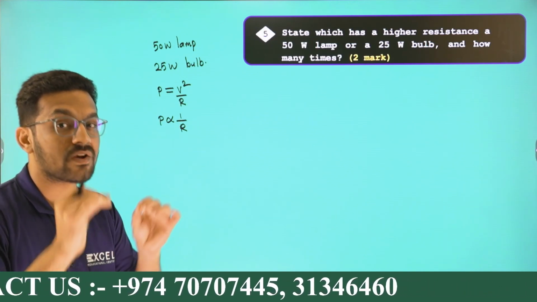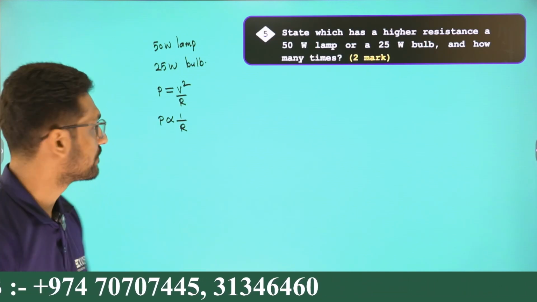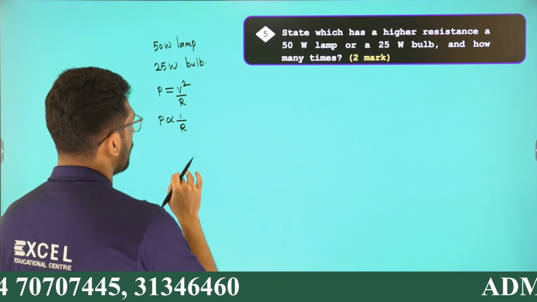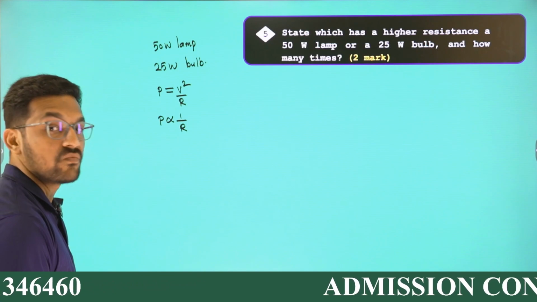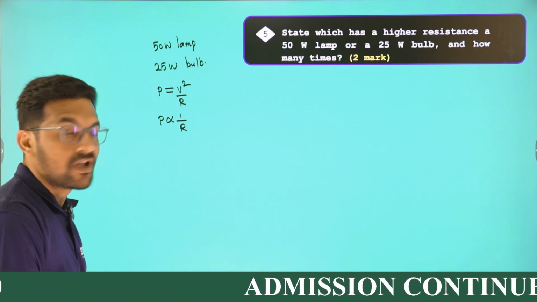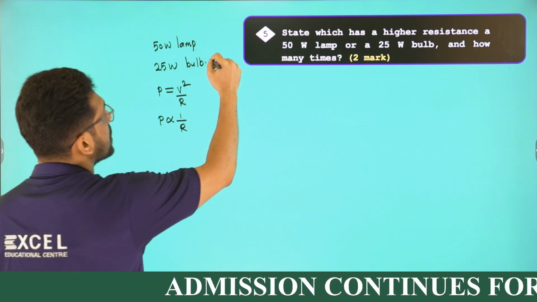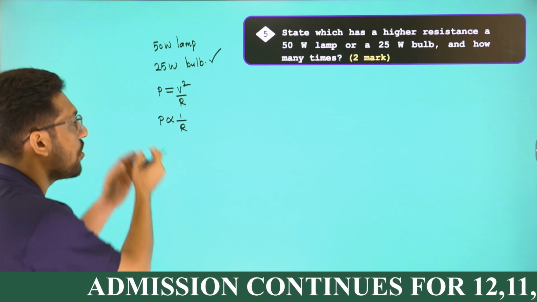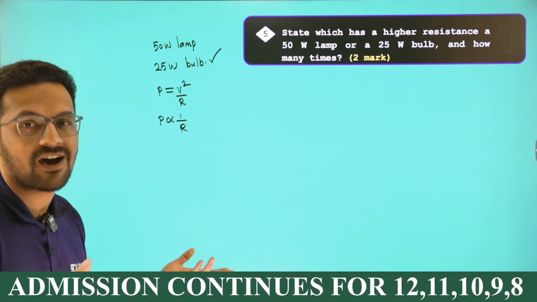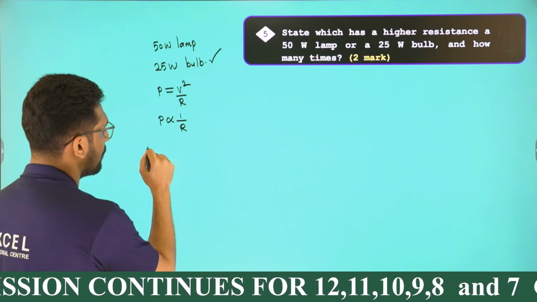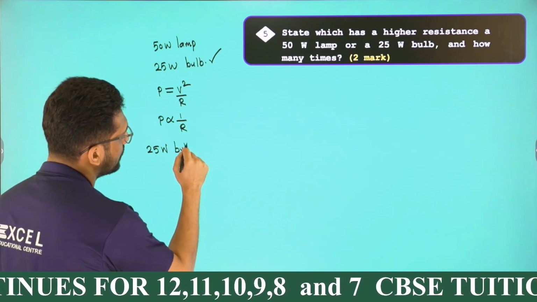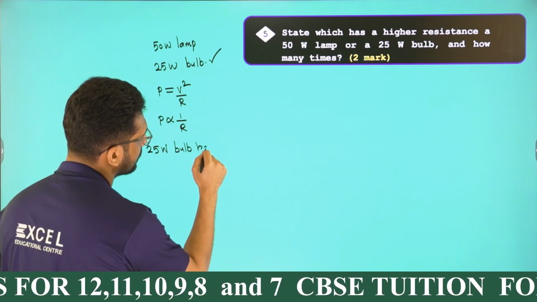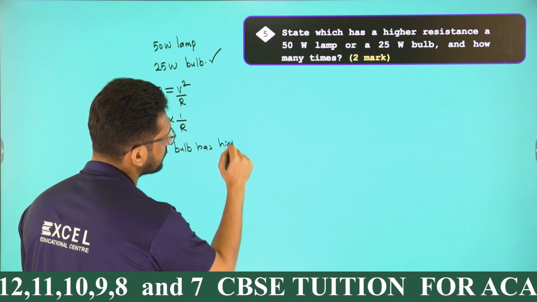Understand? Then which will be having the higher resistance? Which has the lower power? 25 watt bulb has the lower power, that will be having higher resistance. That is my first answer. 25 watt bulb has higher resistance.